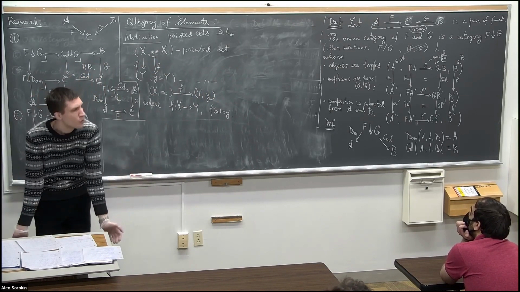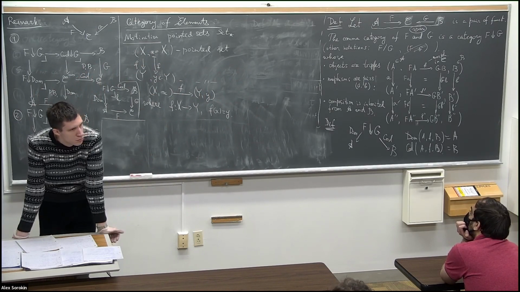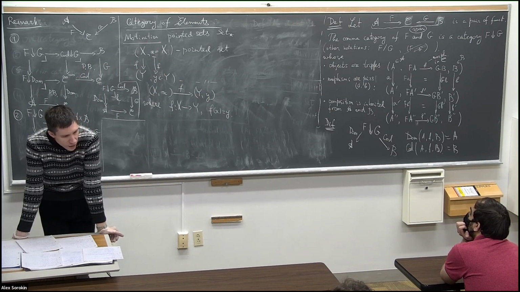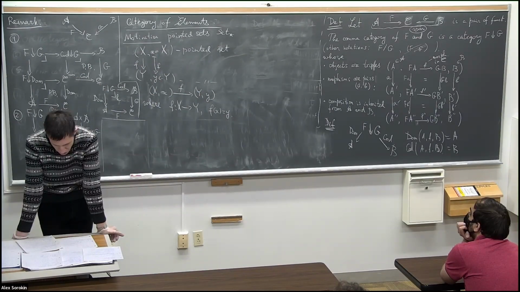Why not? What if you want to pick up a point in a simplex? What is a simplex? It's a contravariant functor from a category, so from category delta to category of sets.